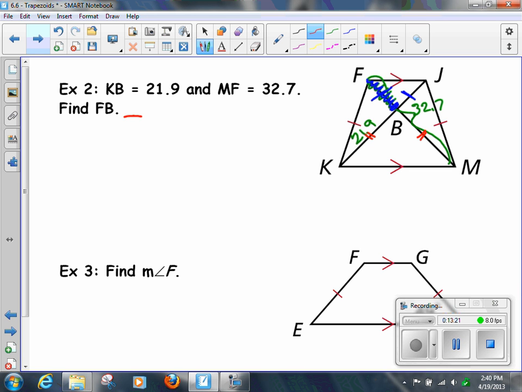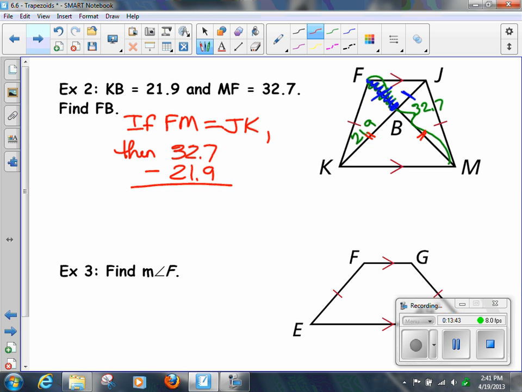I want you to write this down: if FM is equal to JK, then we're going to take 32.7 minus 21.9, and what do we get? Yeah, that's right.